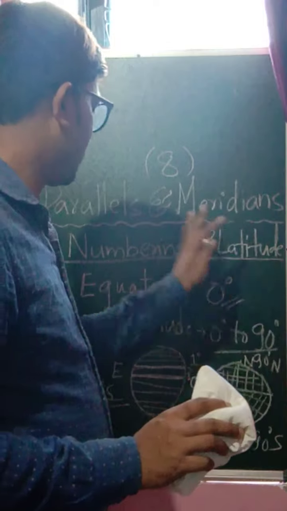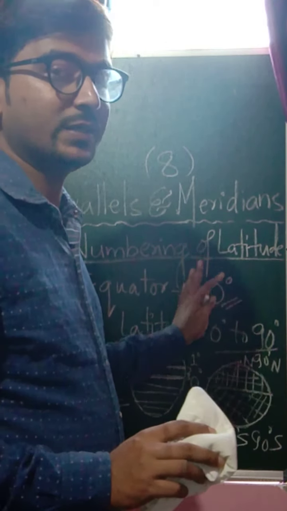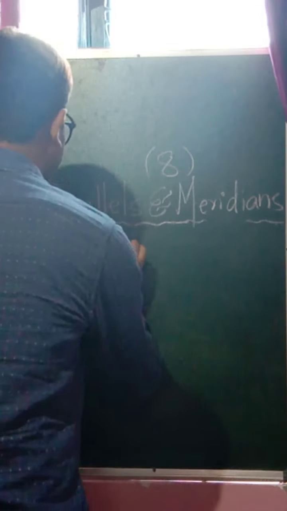So in simple terms, this is the numbering details of the lines of latitude. Now the importance. What are the basic importance of these lines?